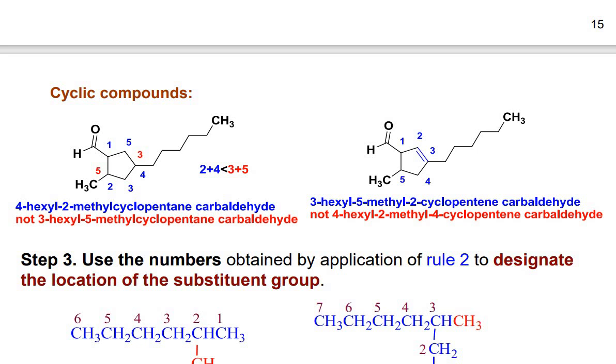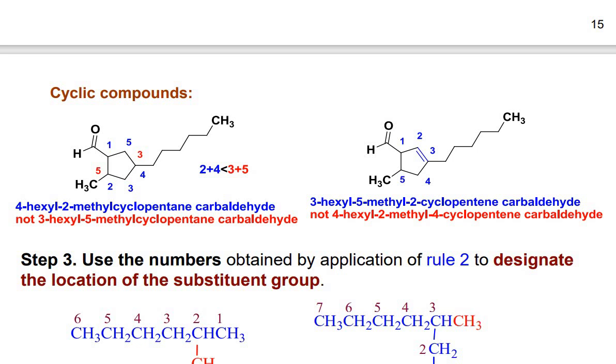Why? Due to the priority order. You can see 2 plus 4 and 3 plus 5. 3 plus 5 is greater than 2 plus 4. You know the general mathematics. Now do the nomenclature of this compound: 3-hexyl 4-methyl 2-cyclopentene carbaldehyde, not 4-hexyl 2-methyl 4-cyclopentene carbaldehyde.